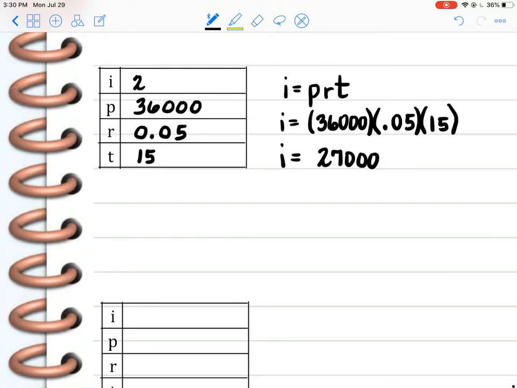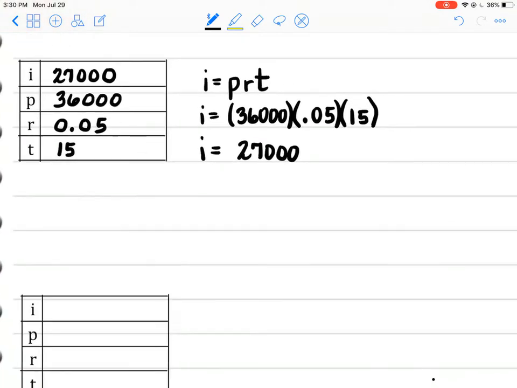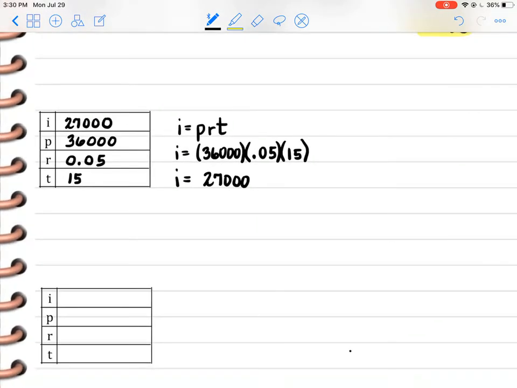So that becomes this amount. And then to get your payoff or payback, you take the interest that you just found plus the amount that you borrowed, and that will give you $63,000 as your payback amount.